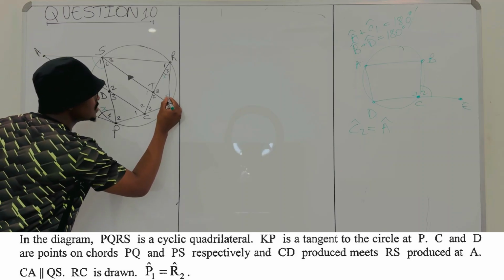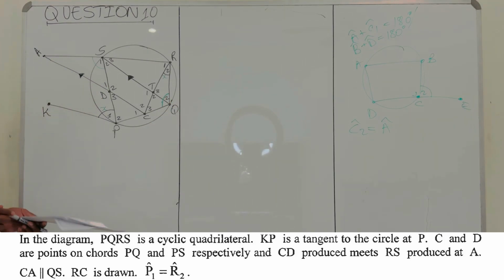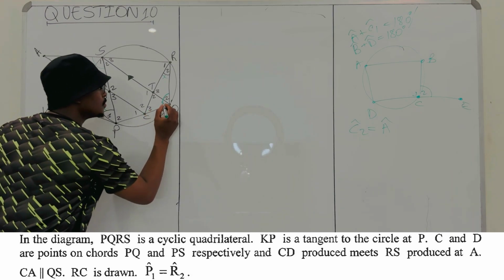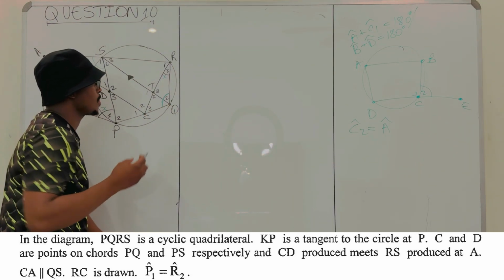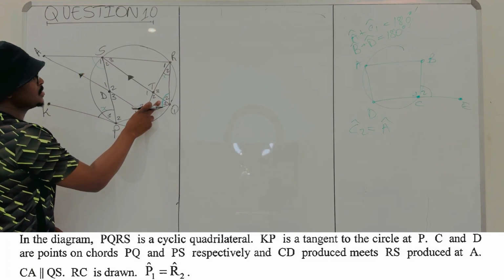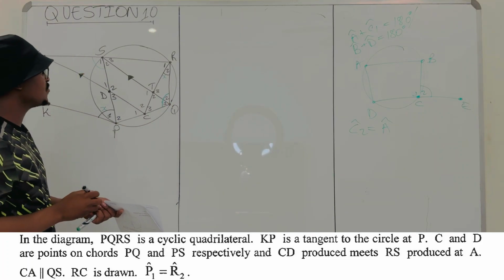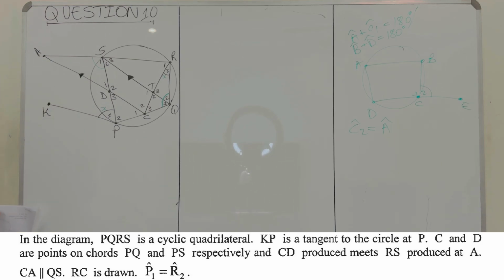So it's going to be equal to that angle over there. So this was Q1. So your angle S1 should be equal to that. Those are some of the properties of a cyclic quadrilateral. Fine. Let's go to the real questions now.